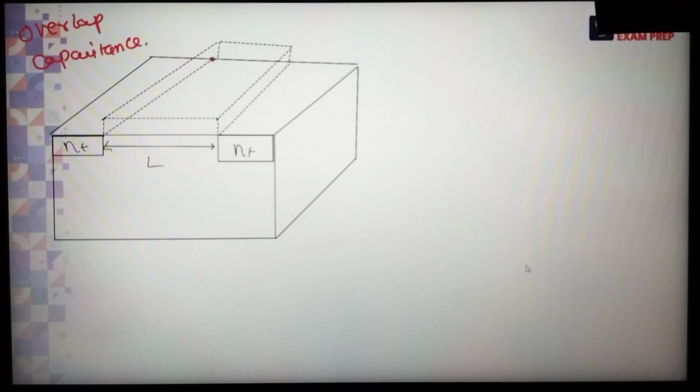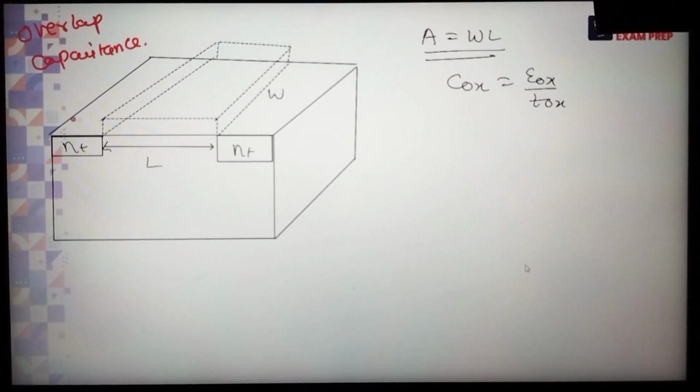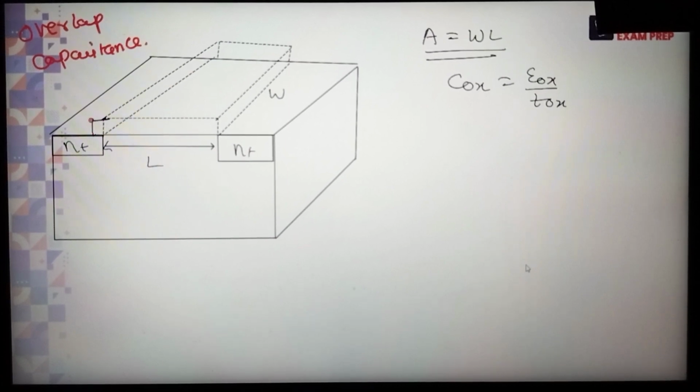This overlap length is called del L, or sometimes just del. On both sides we have del L. So what is the overlap area actually? The overlap area will become del into W.